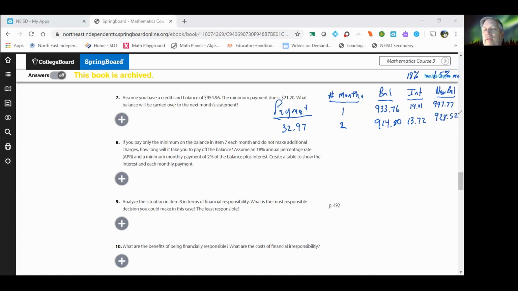928.52. And then again, the payment is going to be the 2%. So 928.52 times 0.02 is 2%, which is going to be 18.57 plus the interest of 13.72, and that's going to be 32.29.